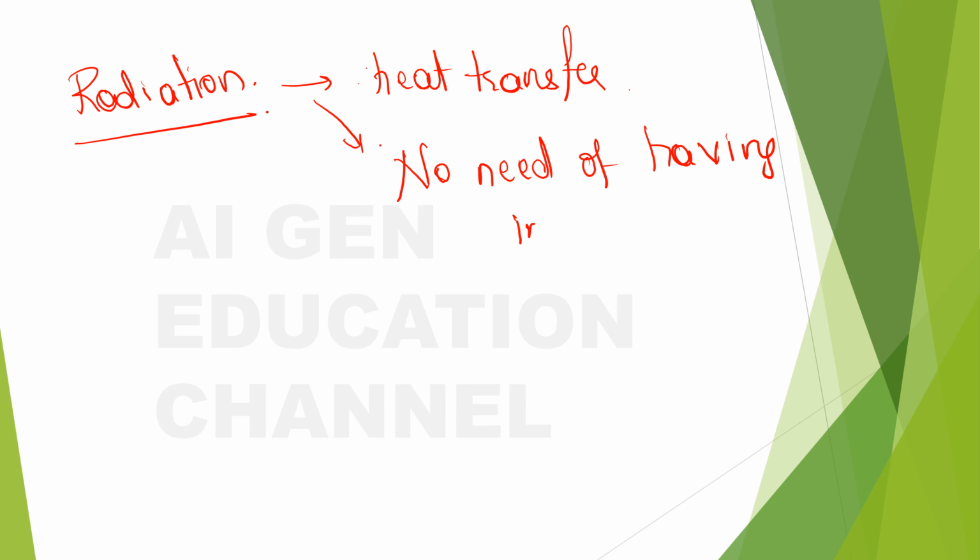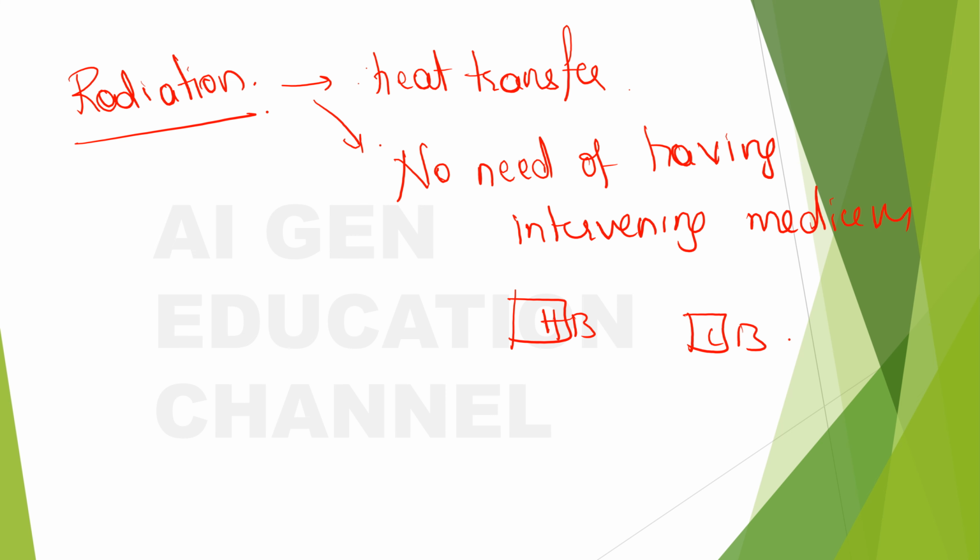When there is one hot body and one cold body, and there is no intervening medium between them, even then the heat is transferred from the hot body to the cold body, and this process is called radiation. Then if there is nothing, how is it getting transferred? It is transferred through electromagnetic waves. What is it?